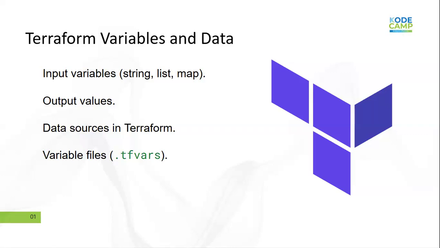So if I set size equal to T2 micro, I won't just put T2 micro like that. I'll put it in double quotes to recognize it as a string. Then when it's deploying, it will go and look for where T2 micro is defined, and then call it.